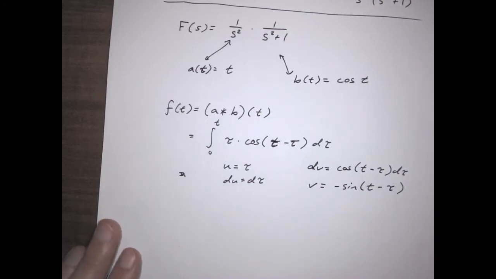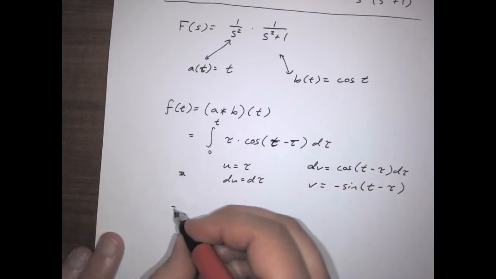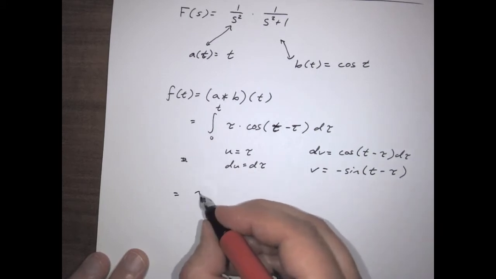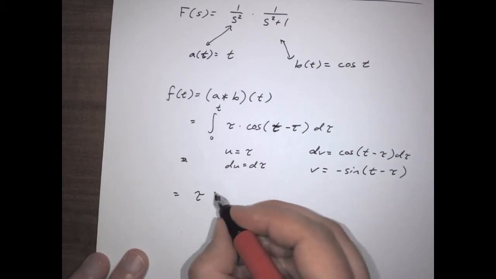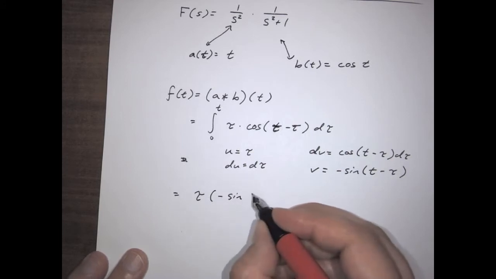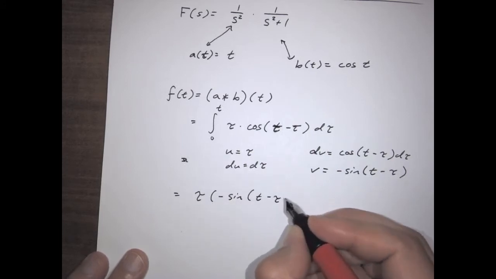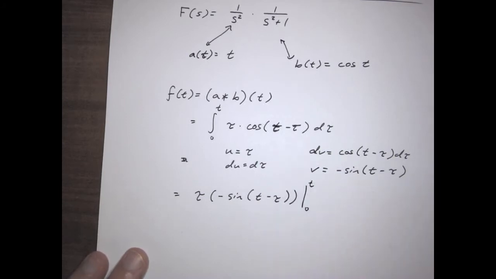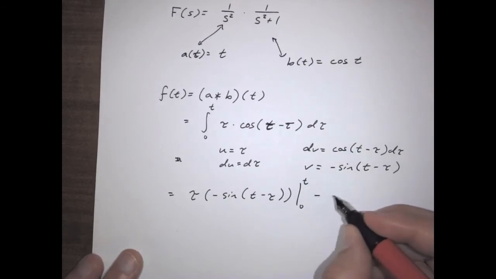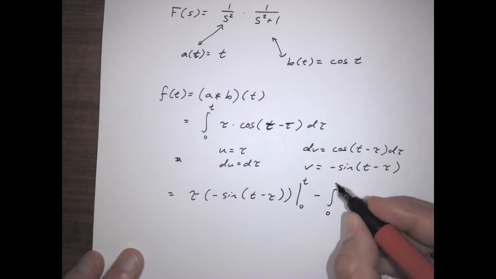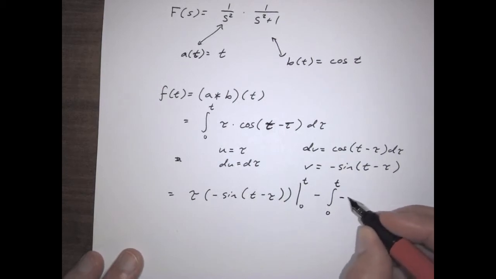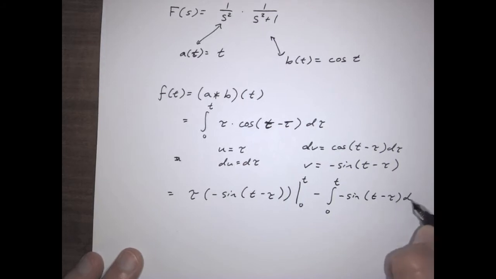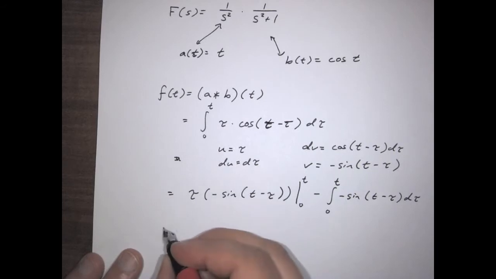And then what that's going to give us is the integral from 0 to t of u times v, so that's going to be tau times negative sine of t minus tau, going from 0 to t, minus the integral from 0 to t of v du, so it's going to be negative sine of t minus tau d tau.